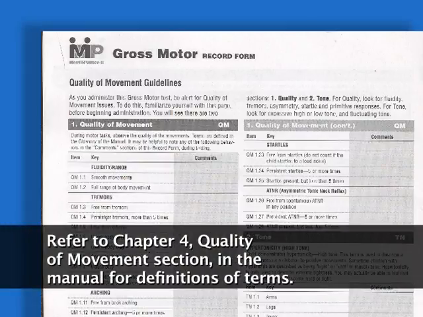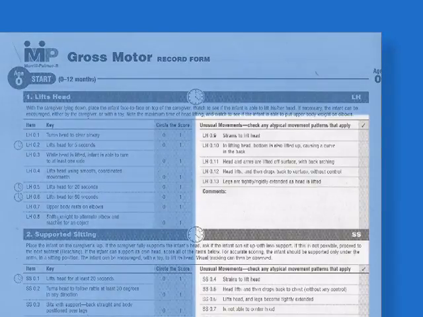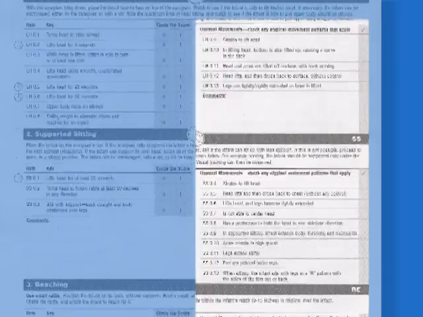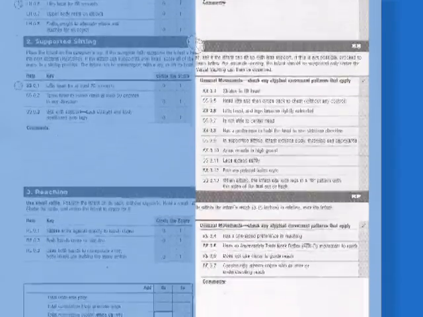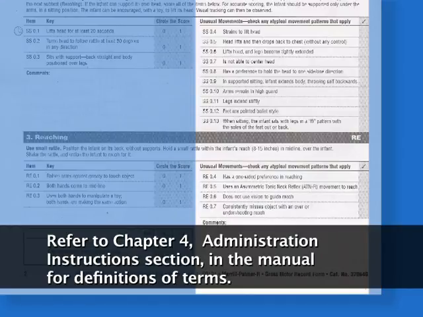Refer to Chapter 4, Quality of Movement section, in the manual for definitions of terms. Unusual movement is a checklist to the right of each gross motor item of unusual movement patterns that should be examined to look for potential problems in motor development. Also refer to Chapter 4, Administration Instructions section in the manual for definitions of terms.